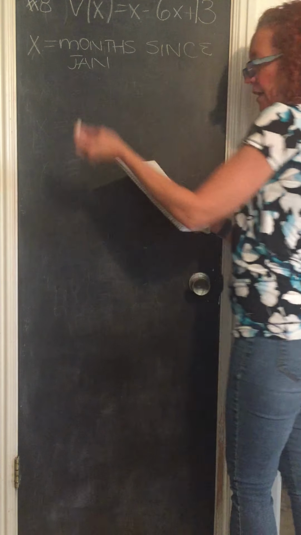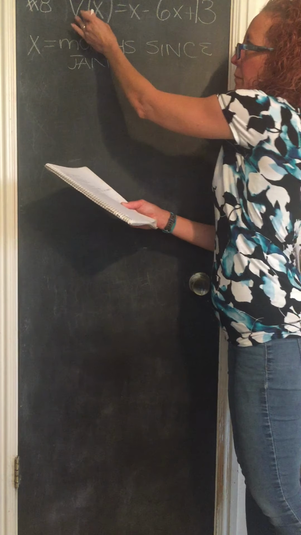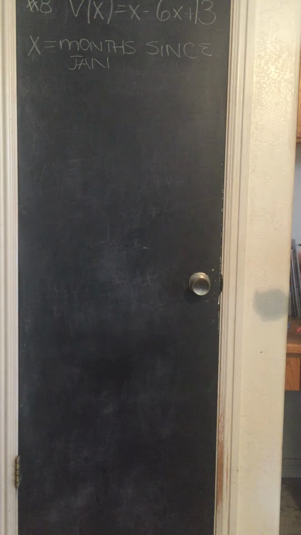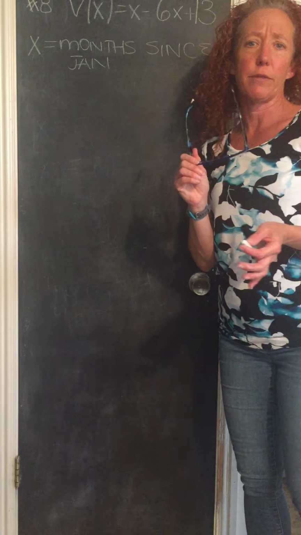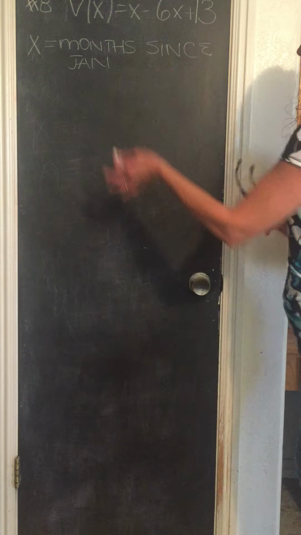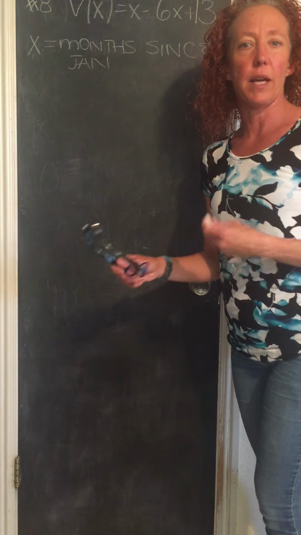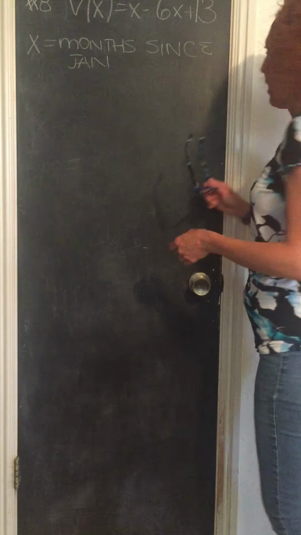And I apologize, I don't have the book right in front of me. I'm imagining the V is the volume. You can go back and look that up. I'm sorry I didn't write that piece down for some reason. All right, so we're going to do the x, and I'll show you what V is, but I'm not quite sure if it's hundreds, thousands, feet, inches, what have you.